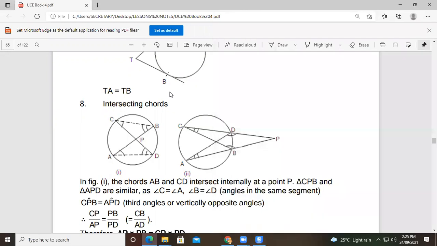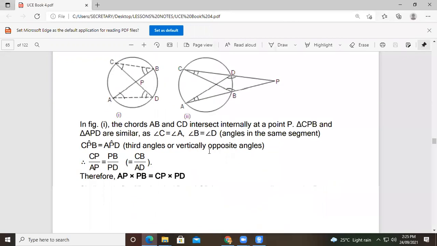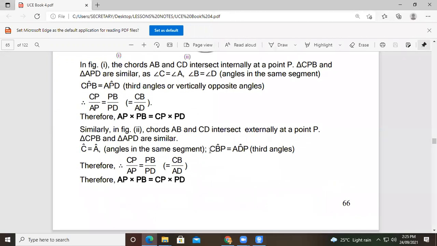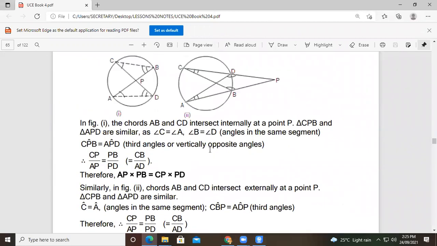Maybe what we should know is that we should first write what the law or this property is. I want you to understand this property very well, and then you get to know how it is written. So the angle C is equal to the angle A, and the angle B is equal to the angle D. Are we together?